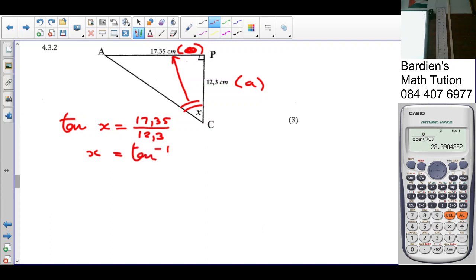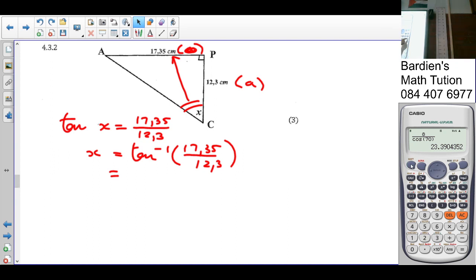Arctan of 17,35 over 12.3. Put it in the calculator, shift tan 17,35 over 12.3. That gives 54,67 degrees. Now we're talking about degrees.